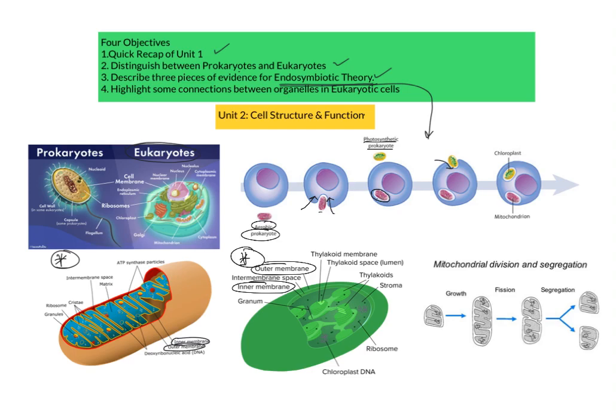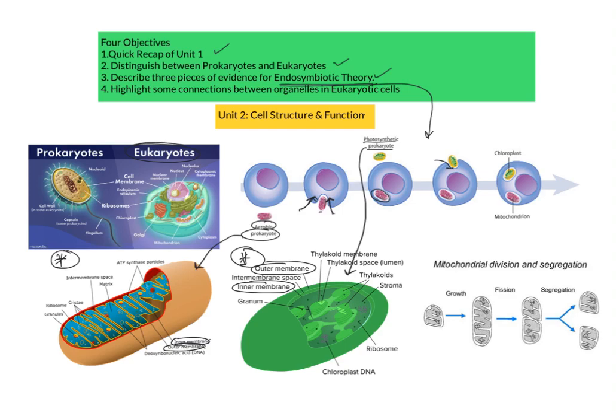And what that suggests is, through this mechanism that I mentioned earlier of engulfing, that aerobic prokaryote, which was suggested to be the precursor to mitochondria, and the photosynthetic prokaryote, which is the precursor to chloroplasts, when they were engulfed, they maintained both their original membrane and the membrane of the cell that engulfed it, which is why we have an inner and an outer membrane still with mitochondria and chloroplasts. So that's the first piece of evidence.